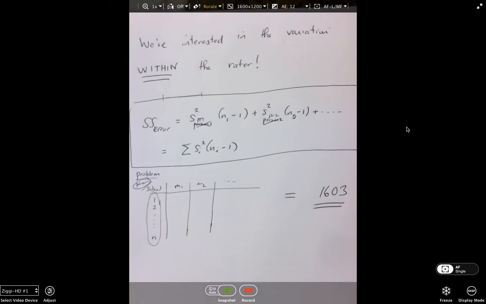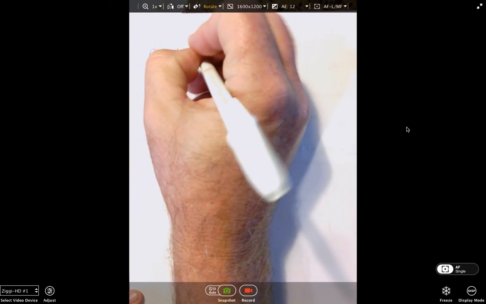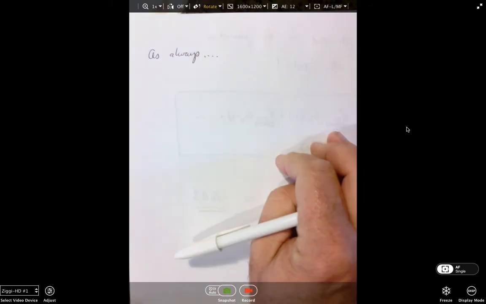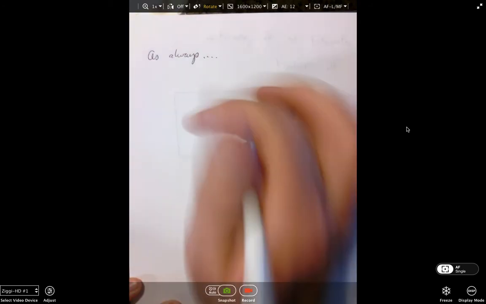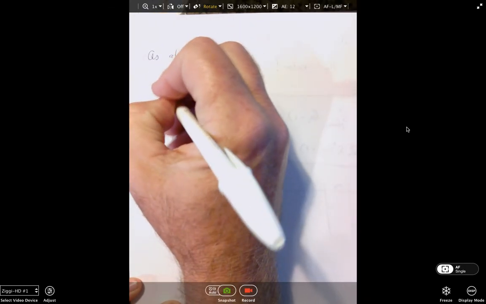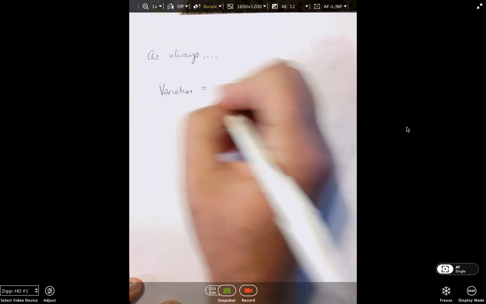Now, I guess as always in this class, if there's one thing that has been consistent, is we know that our variation is a sum of 2 parts.